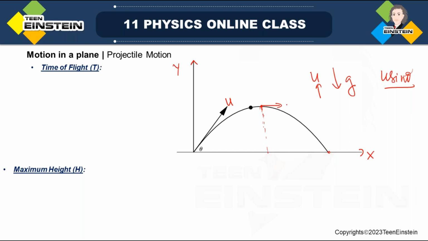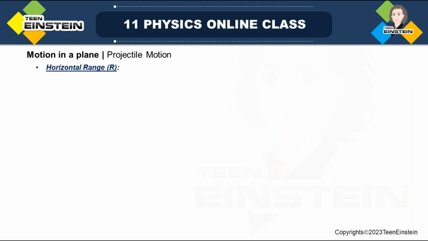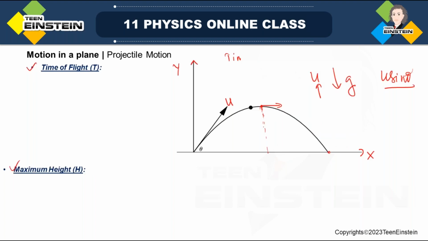So there are three parameters basically. One is time of flight, another is horizontal range, which is denoted by r, time of flight is denoted by t, and maximum height is denoted by h. So what is this time of flight?